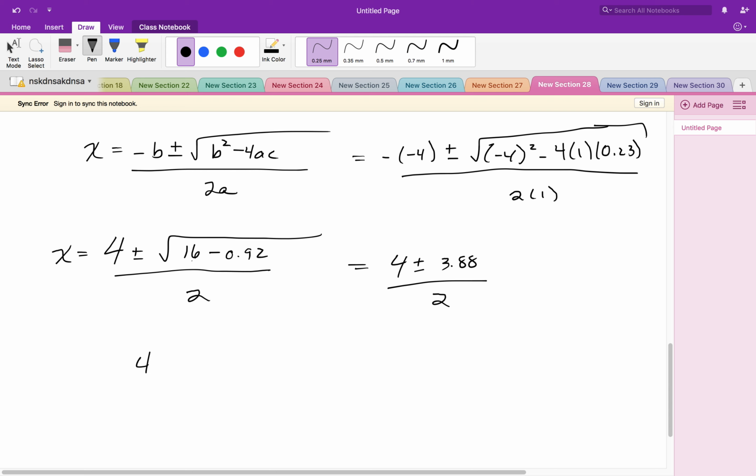So we'll call this M2 at this point. This could be either 4 plus 3.88 over 2, or 4 minus 3.88 over 2.